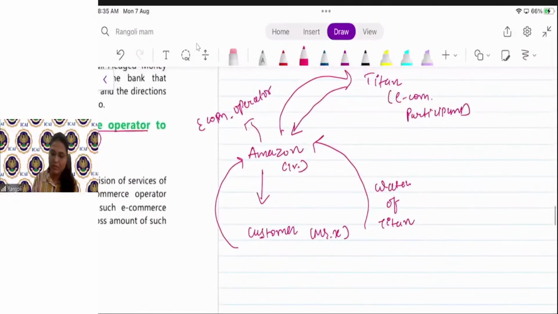If you are purchasing anything online, say for example through Amazon, then you will make payment for that product to Amazon. Amazon will make payment of that product to the brand, right? So if you are purchasing a Titan watch from Amazon, then you are making payment to Amazon for purchase of that watch. Now that product is of Titan. So Amazon will make payment of that watch to Titan. So Amazon will deduct TDS at the rate of 1% on payment made to Titan. Clear, Sushil?